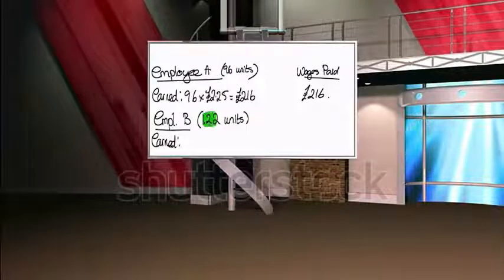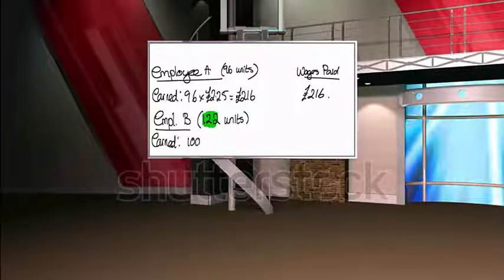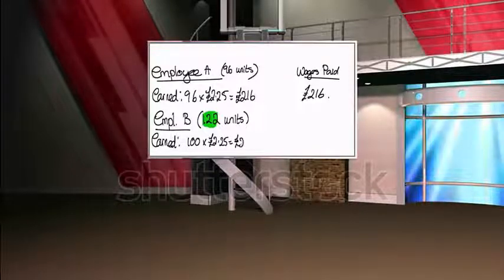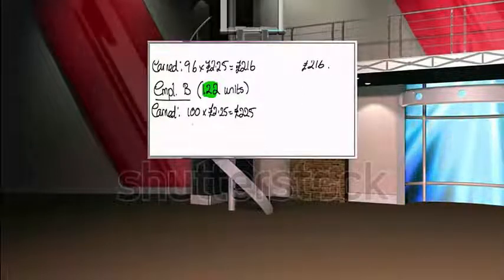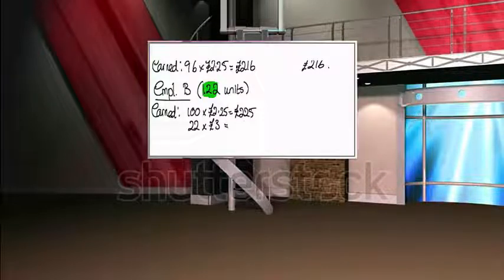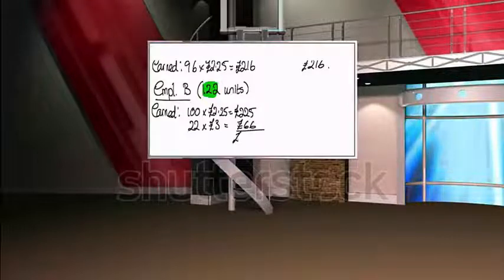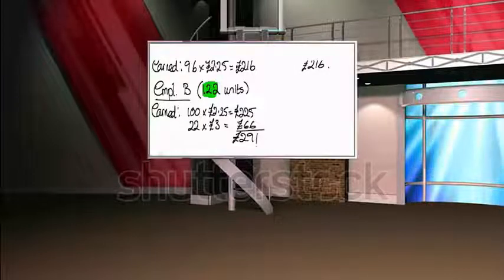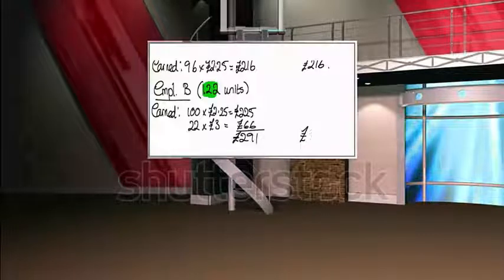If employee B has produced 122 units, then for the first 100 they're getting £2.25, which gives us 225. And for the remaining 22 units, they're getting £3 each, which is 66. So in total, they have earned £291. This is well above the minimum wage, so we're going to pay them the $291.